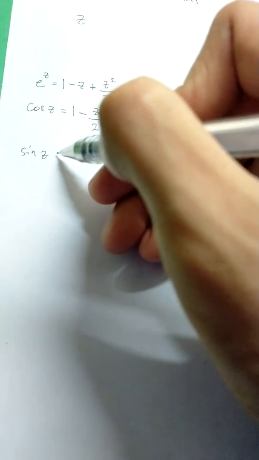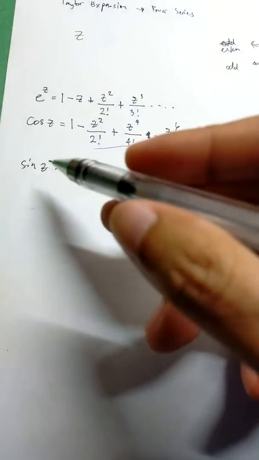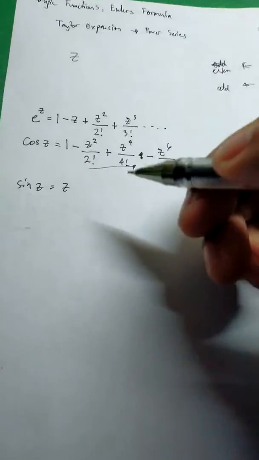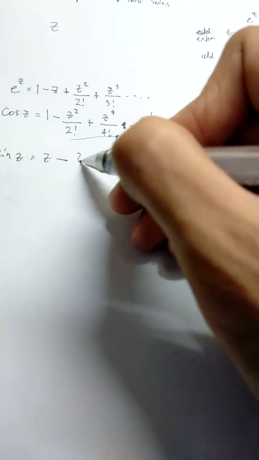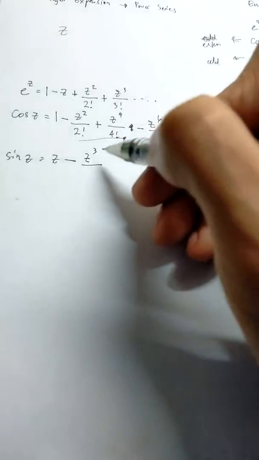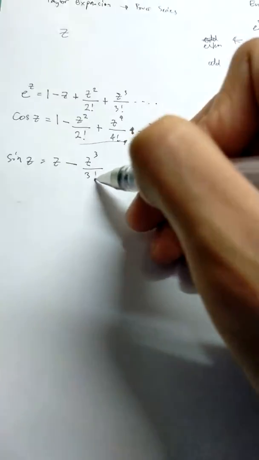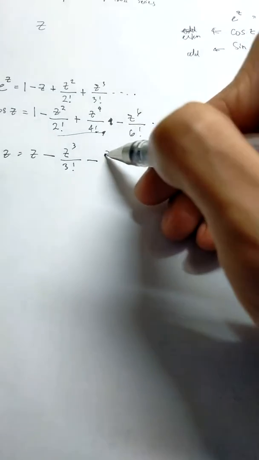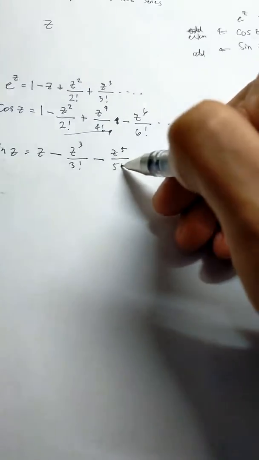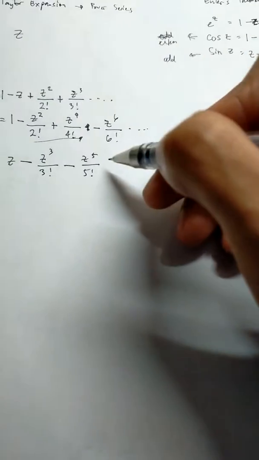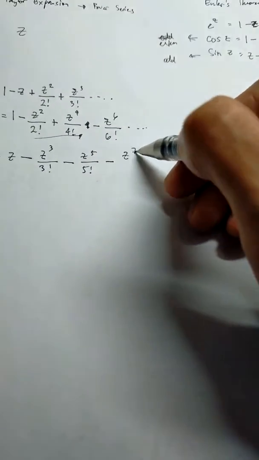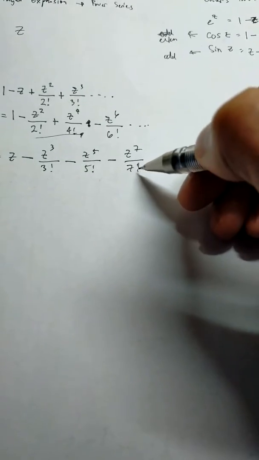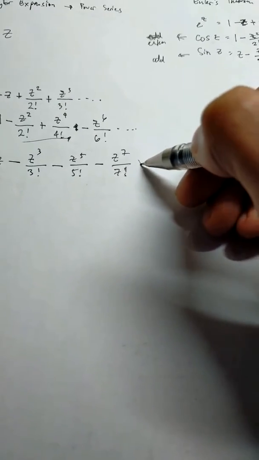Okay, then sa aton nga sign, so sa sign z, so equal siya sa, so take note, add numbers, so retain natin nga z, then minus z cube over 3 factorial, then minus z^5 over 5 factorial, then minus z, ano sunod, 7 over 7 factorial, then plus.